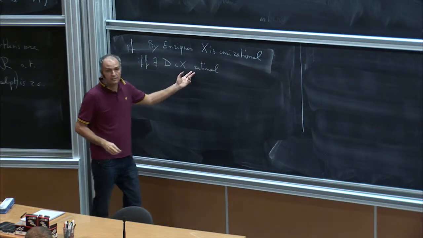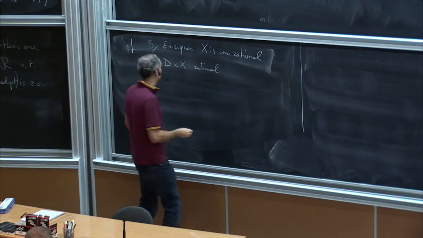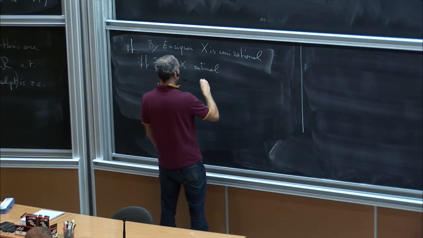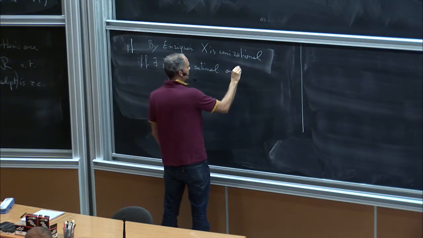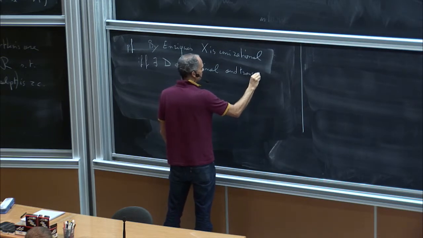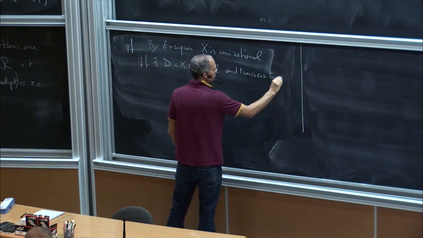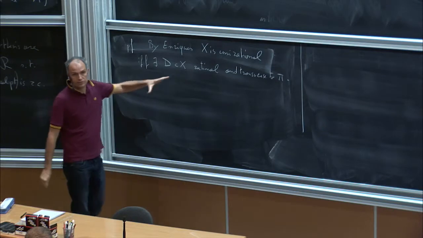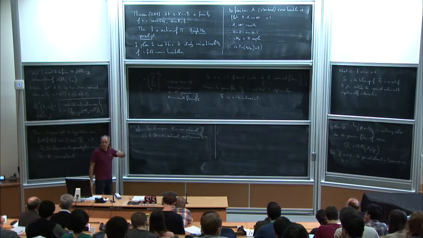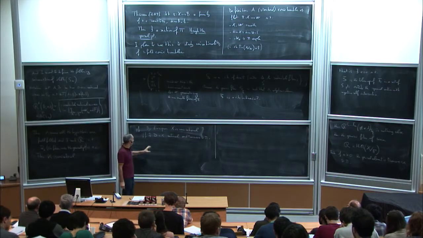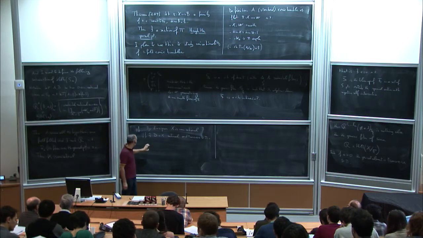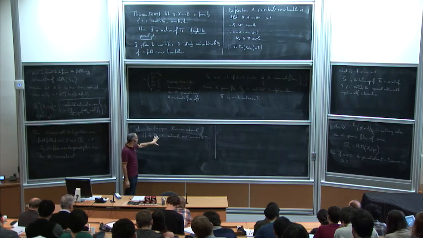Actually unirational is enough, but since it's a surface that's equivalent, exists D in X rational and transverse to pi. So my notation are always consistent. So pi is always the conic bundle structure of my X. And this simply, I mean, I don't have that much time, so I'll skip, but that's simply base change.